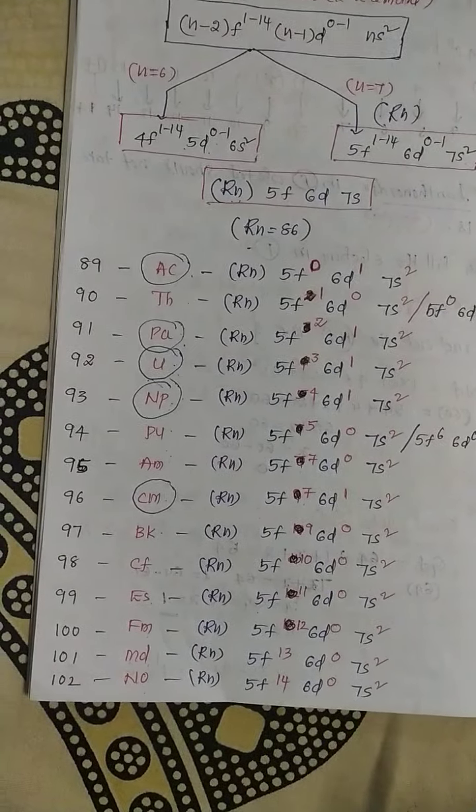Now we will start how to write the electronic configuration of the particular actinoids. Which elements have one electron in the 6d orbital? Pa, meaning protactinium, and uranium, next neptunium, next curium, next lawrencium.